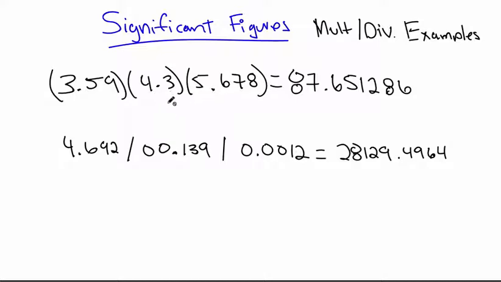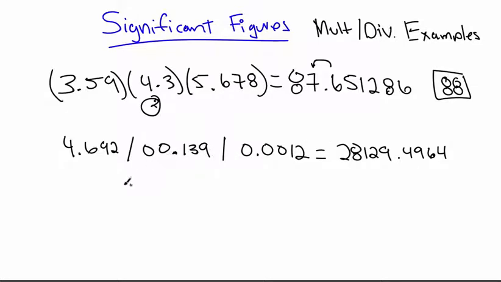This one right here with only 2 sig figs is the one that has the least amount of sig figs. So I'm going to round this answer to 2 sig figs, which means my 87 point blah blah blah is going to round to 88. Okay, so that number rounds up because of this number here to 88, and that's my answer.